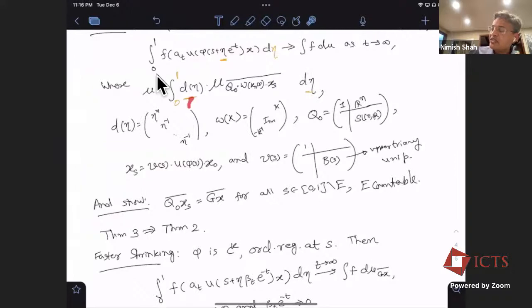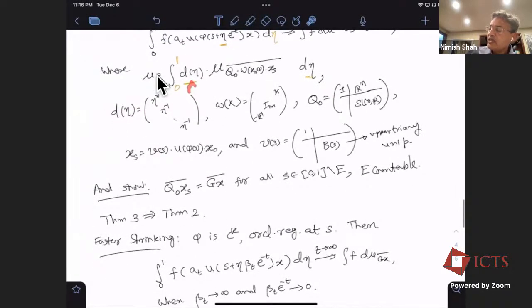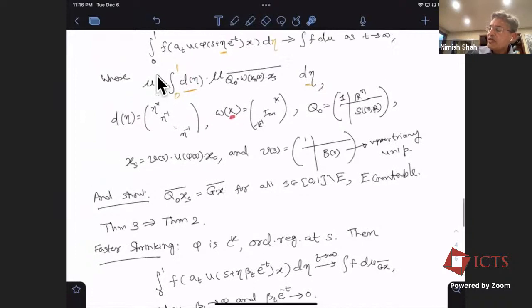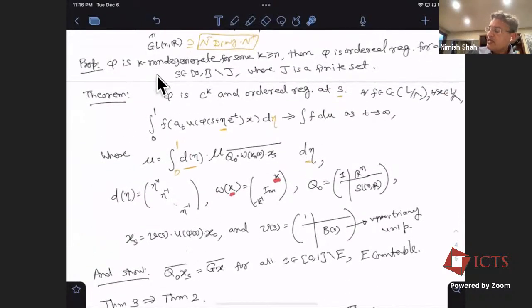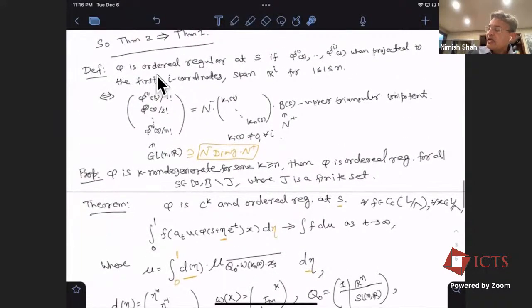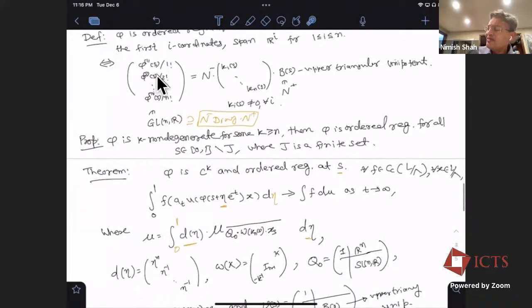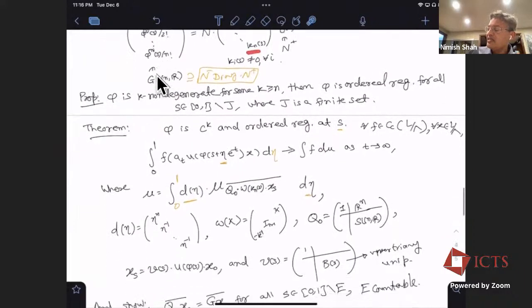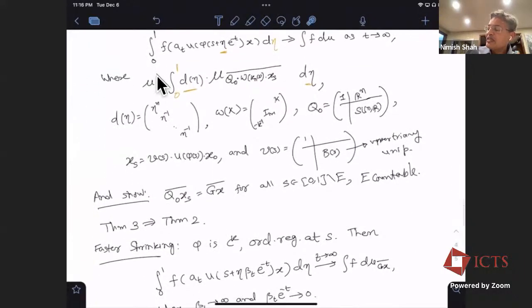First I explained what d_eta is, then what W of kappa_{n,s} is. W of kappa is simply you put kappa here, I_{n-1}, and kappa inverse here. It's some kind of switch, some Weyl group-like element. And this kappa_{n,s} is the last coordinate that you get in this expression. There's a very weird reason why this appears, nothing else. So that is what you get here.